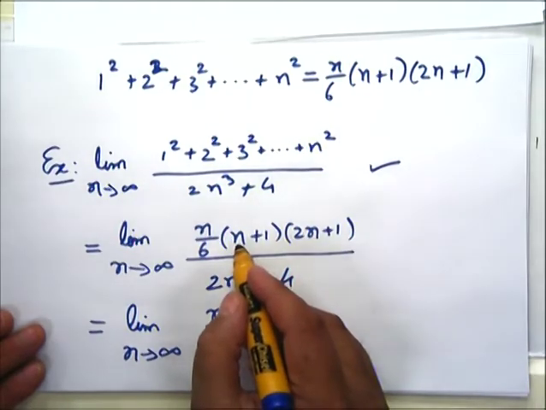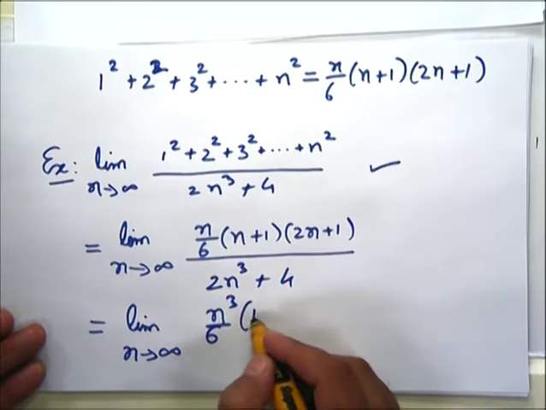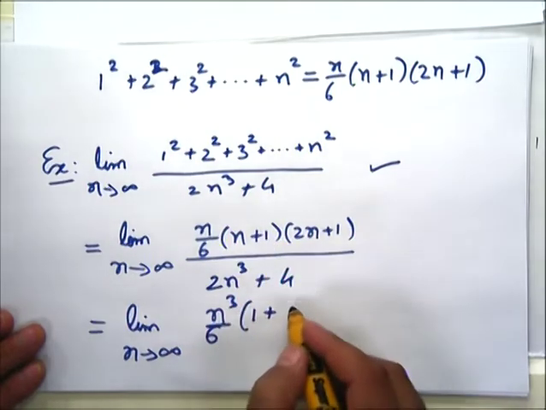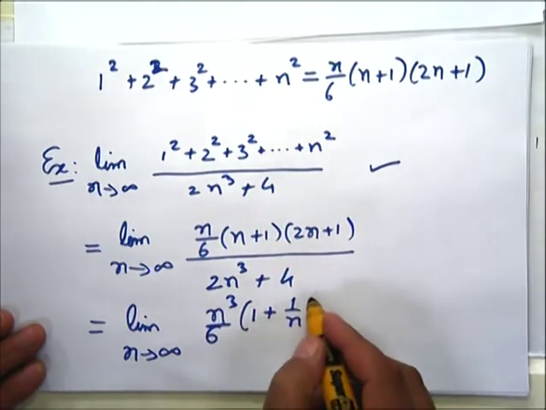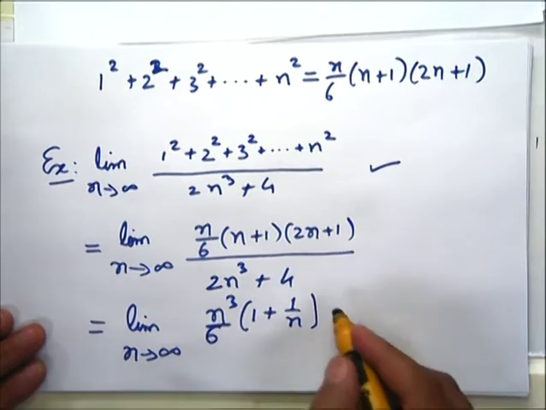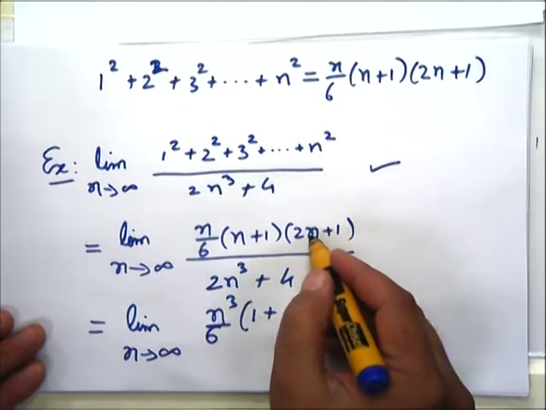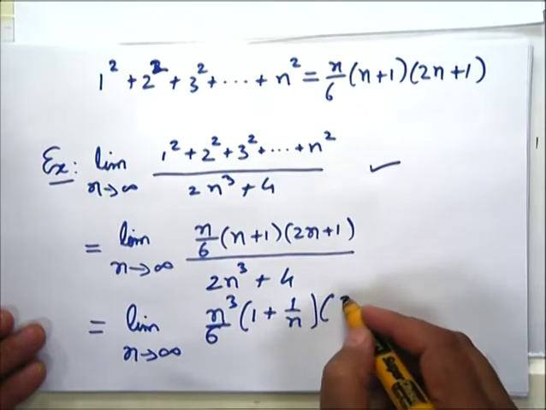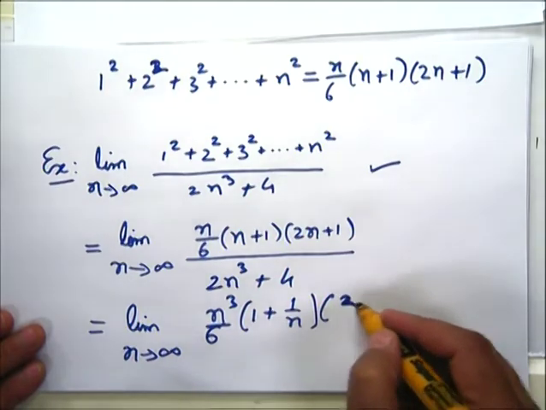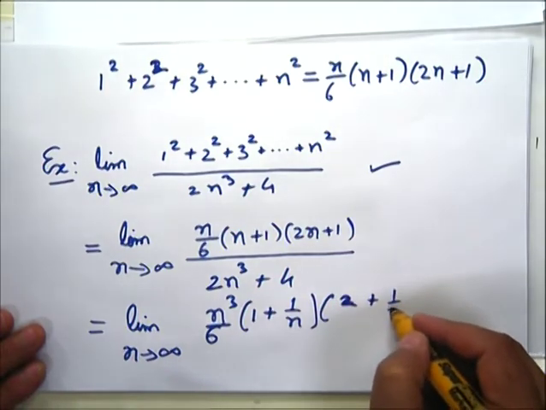We have taken n out of the bracket, so this will be 1, and here it will be 1 upon n. Similarly here we have taken this n out, and 2 plus 1 upon n.